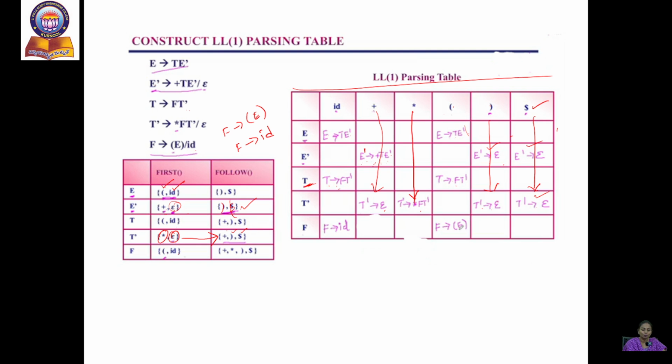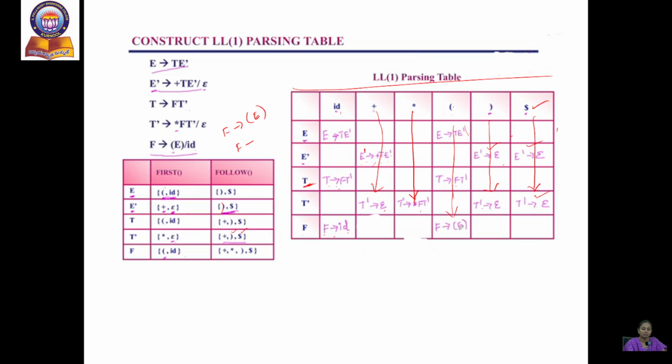So two terminals are there, and whichever terminal has its production, under that terminal only that production will be written, that is F derives ID should be written under ID, and F derives E within the bracket should be written under the open bracket. This is how you have to construct an LL1 parsing table, or predictive parsing table, with the help of the first and follow function values.